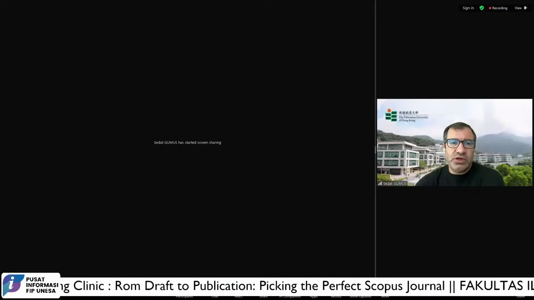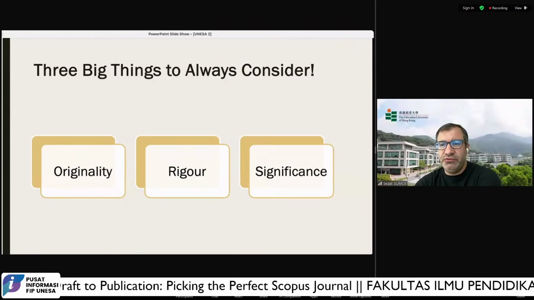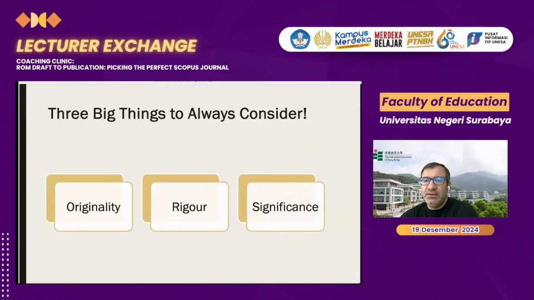So let me share my presentation. I will very quickly go through a few slides before we look at some of the articles. Because the one thing is, of course, everyone wants some shortcuts. Like, how can I publish my article in a good journal? But there is no shortcut. The only shortcut is the predatory journals. You pay and just submit and it is accepted without any reviews, without any suggestions.